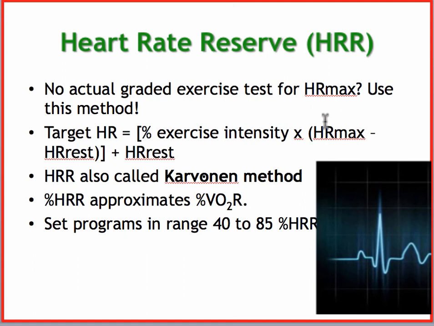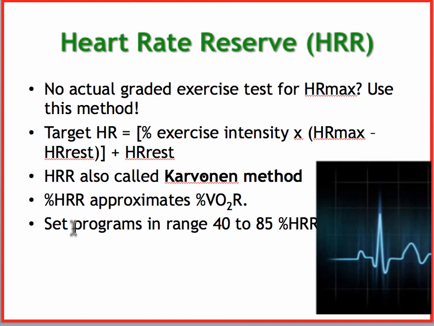Their heart rate reserve is their heart rate max minus their resting heart rate. You multiply that by your exercise intensity, and you add back their resting heart rate. This is also called the Karvonen method. Heart rate reserve, Karvonen method, the same thing. Percent heart rate reserve closely approximates percent VO2 reserve, so they can be used together.